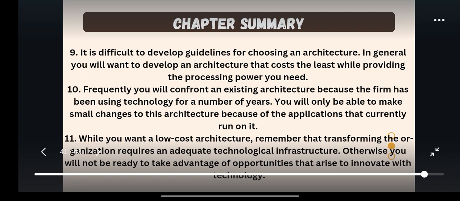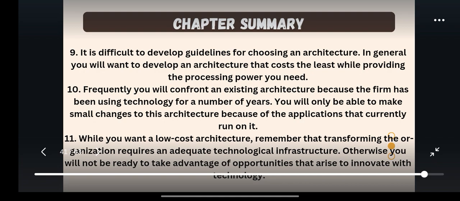Ninth, it is difficult to develop guidelines for choosing an architecture. In general, you will want to develop an architecture that costs the least while providing the processing power you need. Tenth, frequently you will confront an existing architecture because the firm has been using technology for a number of years.